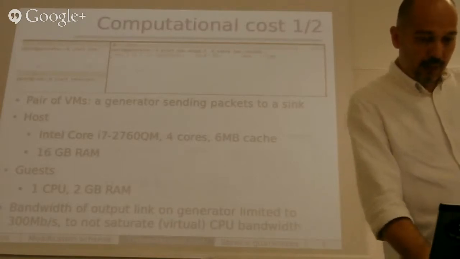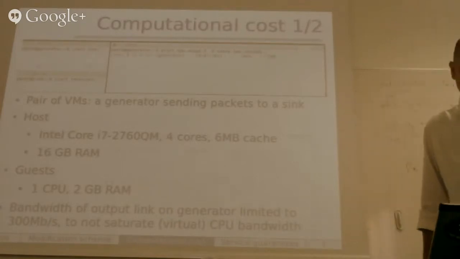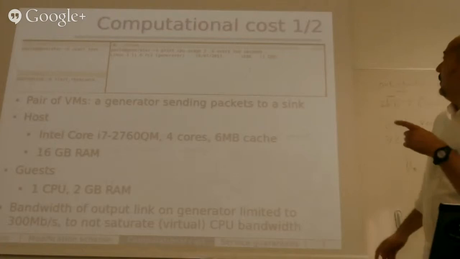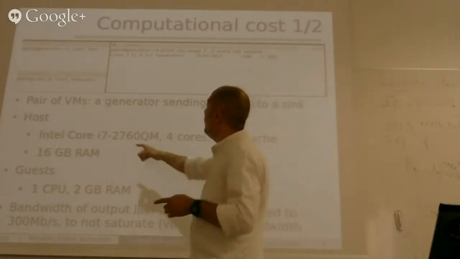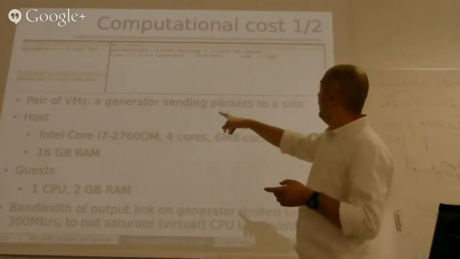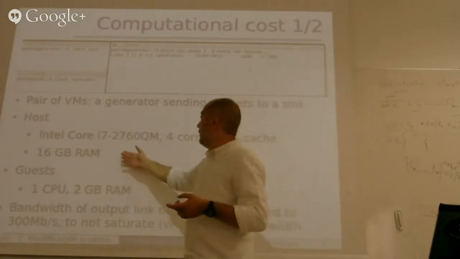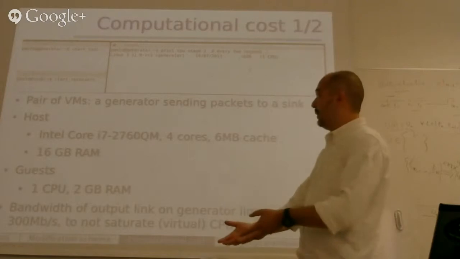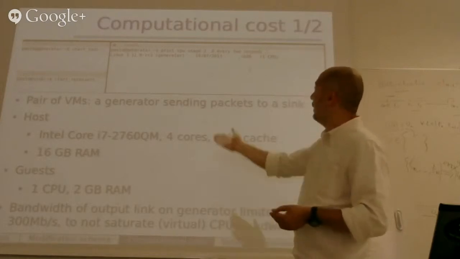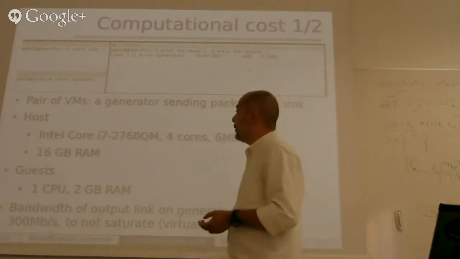So this is what I'm going to show you. It's a test with a pair of virtual machines, a generator and a sink. These are the characteristics of the physical machine on which I run these virtual machines.